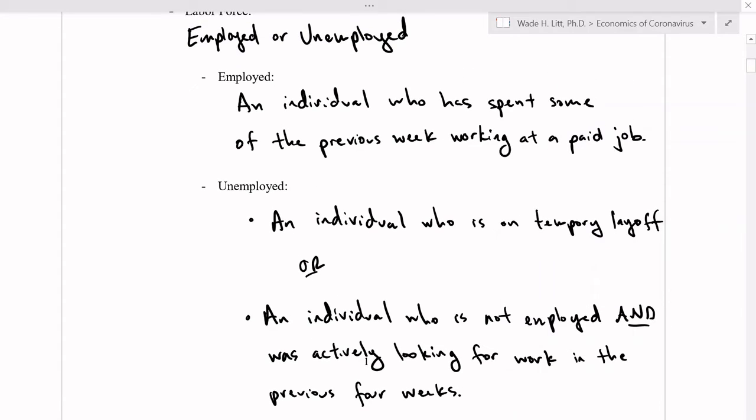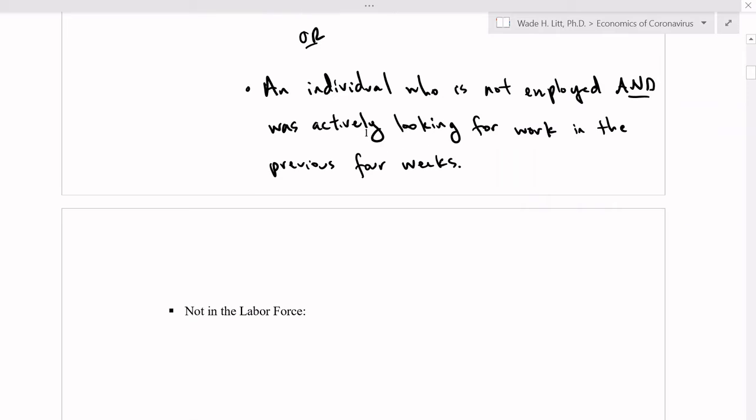Employed plus unemployed is the labor force. Anybody who does not fall into either of these categories is considered not in the labor force. So someone who fits into neither category above.